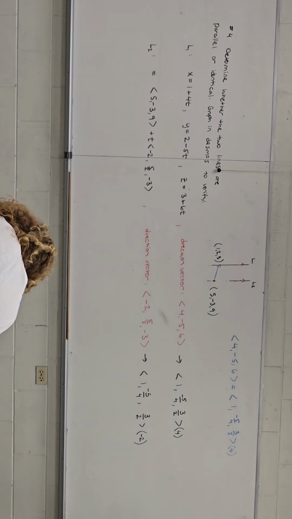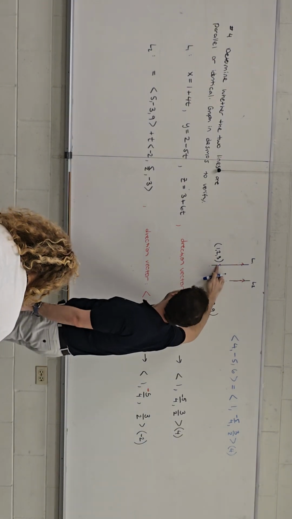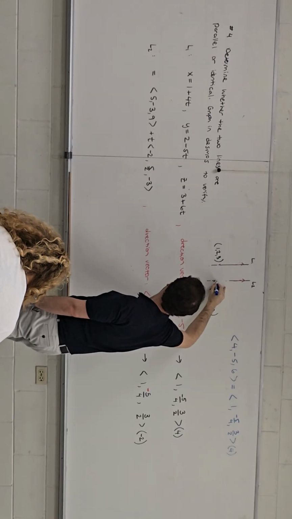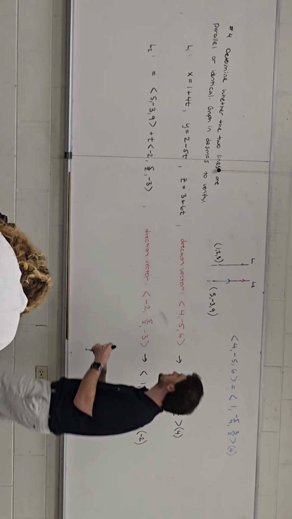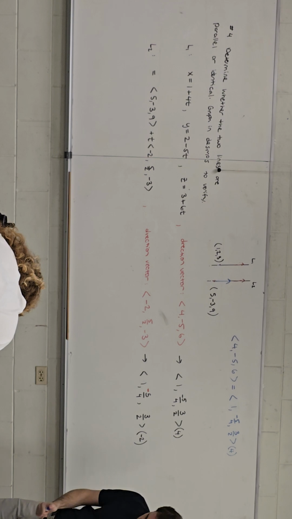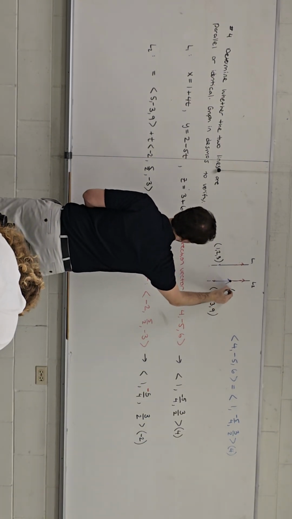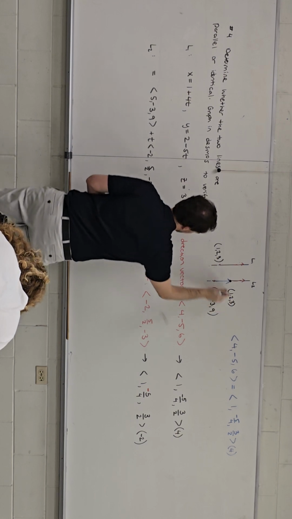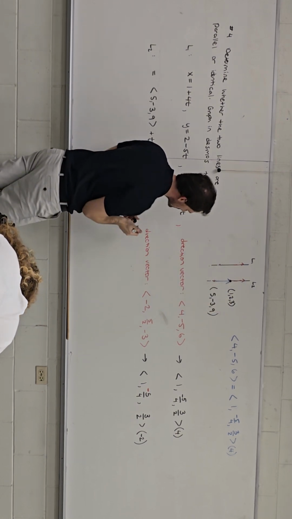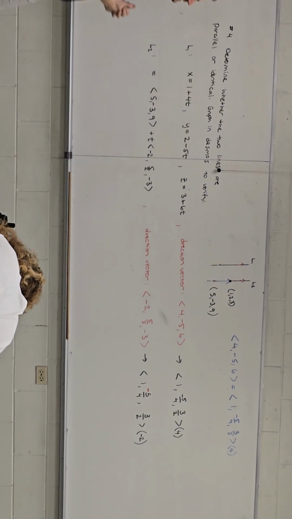Oh, look at it. So now I get the same direction vector. That means that the point (1, 2, 3) lived on the same line. So L1 and L2 are the same.